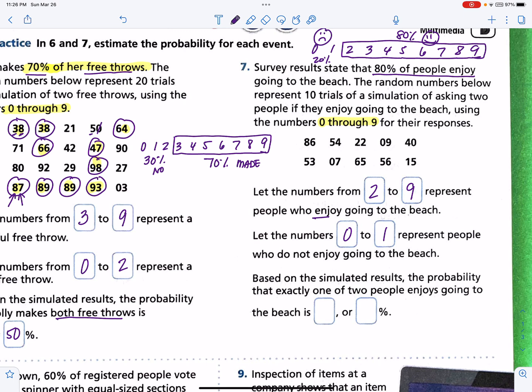Based on the simulated results, the probability that exactly one of two people enjoy. So the ones that we're circling are the ones where only one of the two people enjoy. So we're looking at sets where only one of them is a 2 through 9.